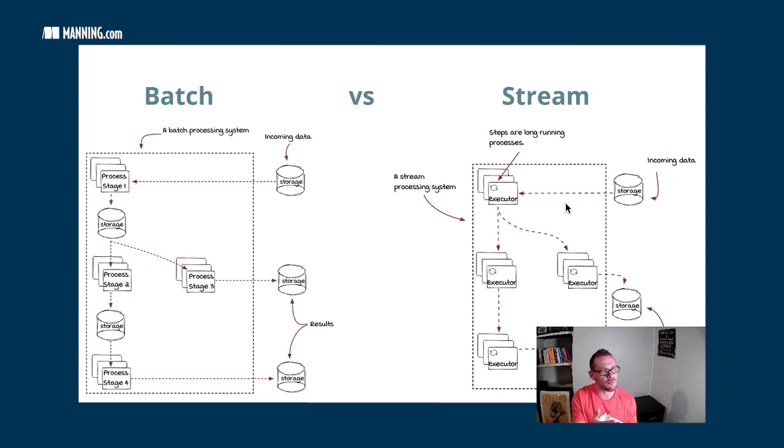So we talked about batch and we talked about stream, and these are really what we're going to focus on for this talk: what are the differences? I think the main differences are these sets of storage that are sitting in between the processing stages within batch systems. These are where data sits at rest, and can really cause the delay in processing data over time.